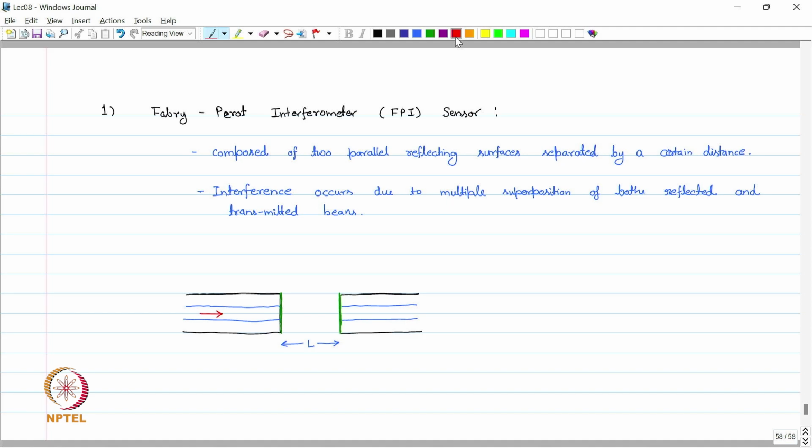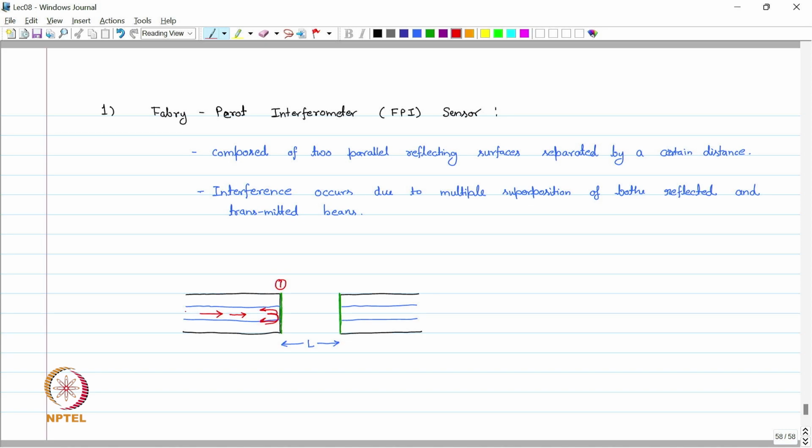Now my wave is coming in from the left inside this optical fiber. The first reflection will take place at this interface. Some of the wave will go back into the core, which will be reflected back at interface 1. This is interface 1.